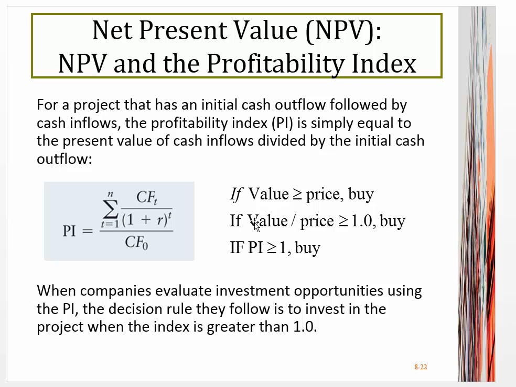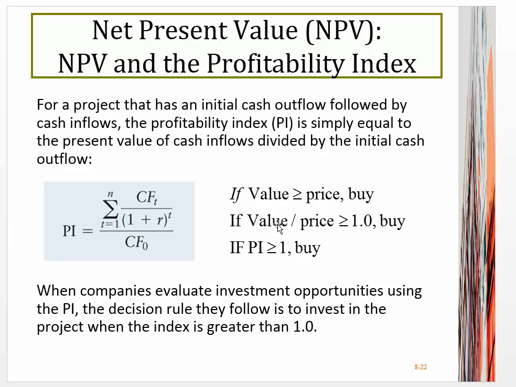They all work off of this basic idea here, where if the value of an asset, that is its benefit, is greater than or equal to its price, you would want to buy it. So in net present value context, if the net present value is greater than zero, it means cost is less than benefit. In this case, what Profitability Index does is it divides the two.